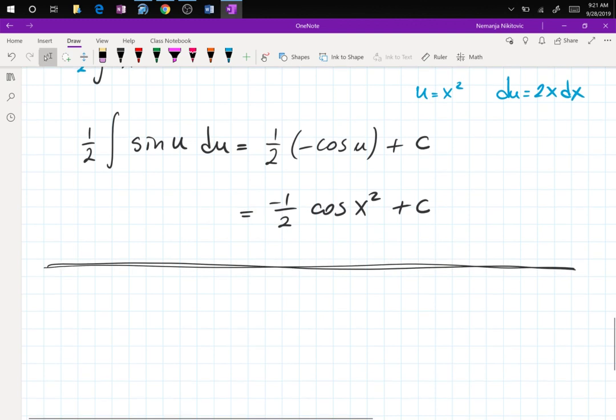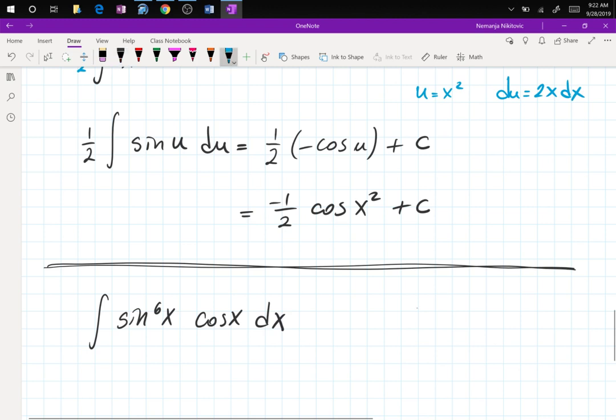Another example would be the integral of sine to the 6 x cosine x dx. So here's more trig, and it's a little bit different than what we had before. We still have a function derivative pair.